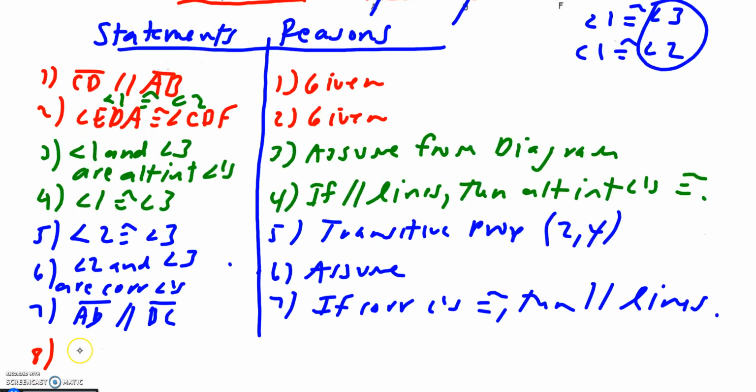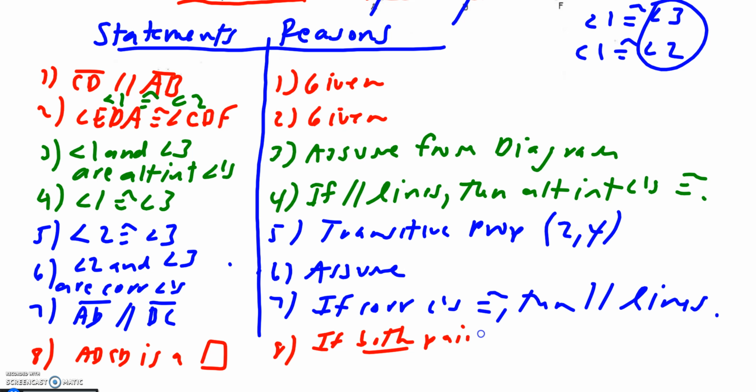I now know that ABCD is a parallelogram. You could also just write the word parallelogram if you want to. Your reason would be if both pairs, underline both, of opposite sides are parallel, then parallelogram.